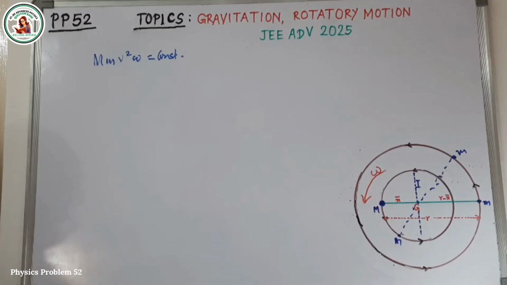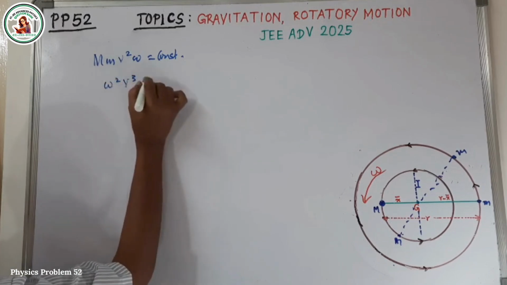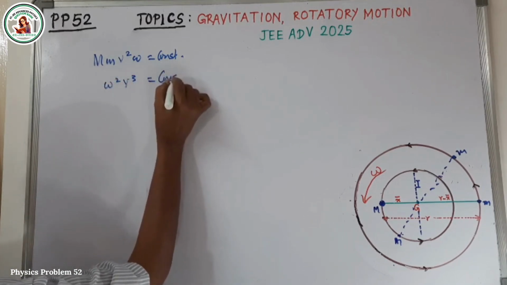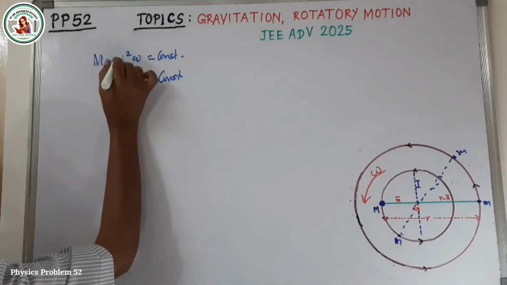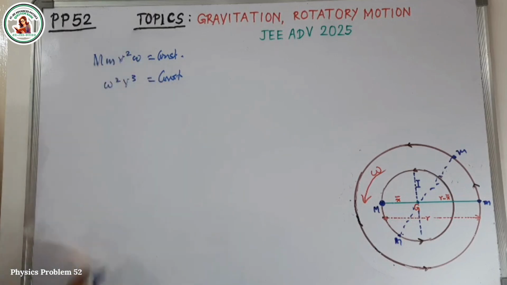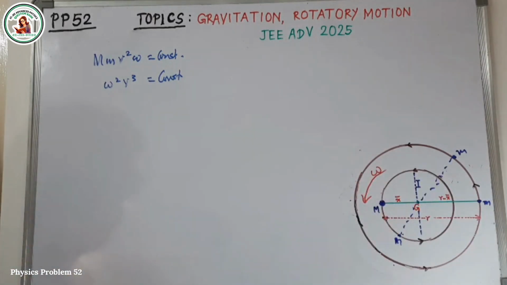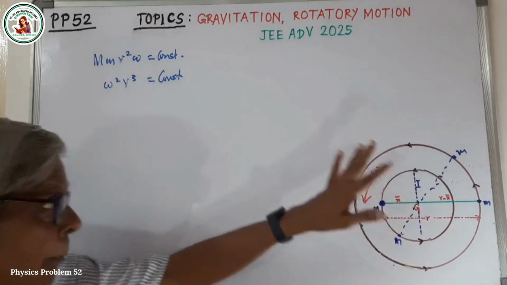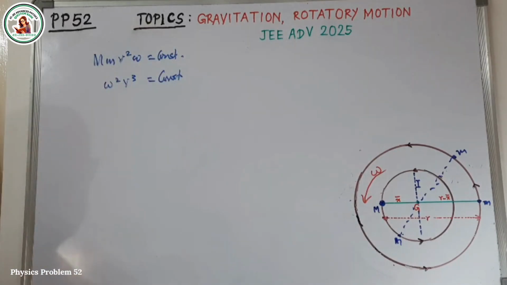The second one was omega square r cube is constant. We have to remember that in this case r changes, omega also changes in the process. The center of mass position also will change, but this quantity remains constant at all times.